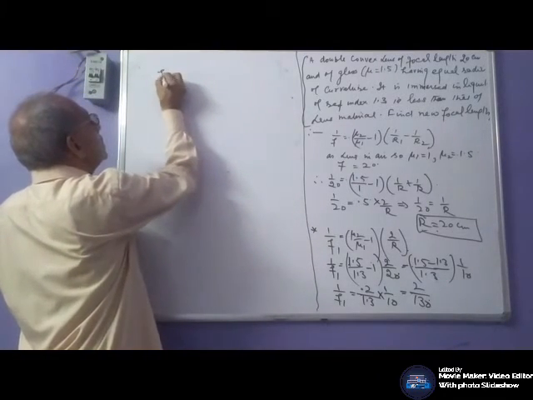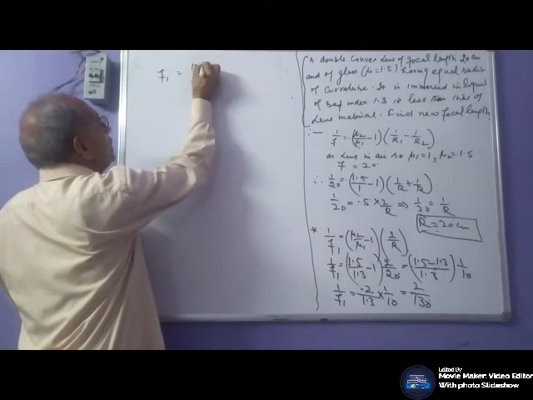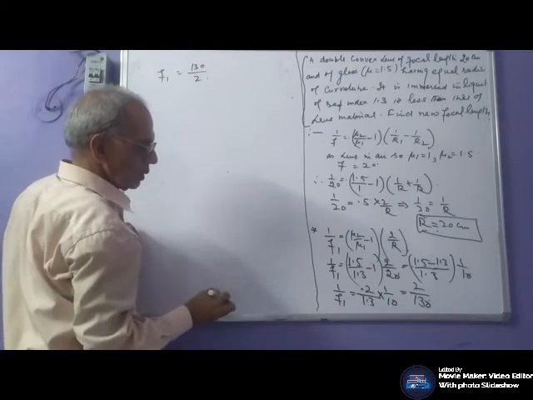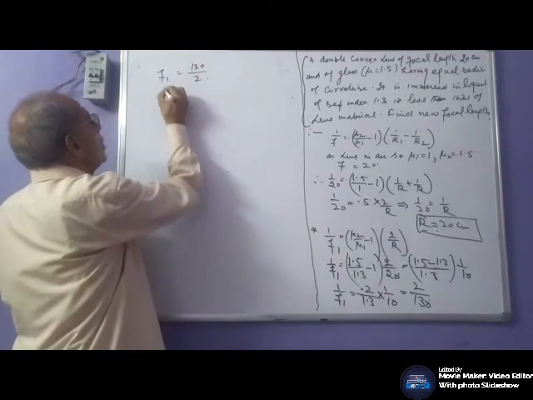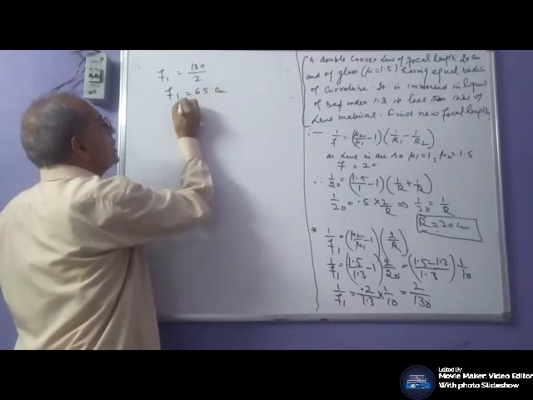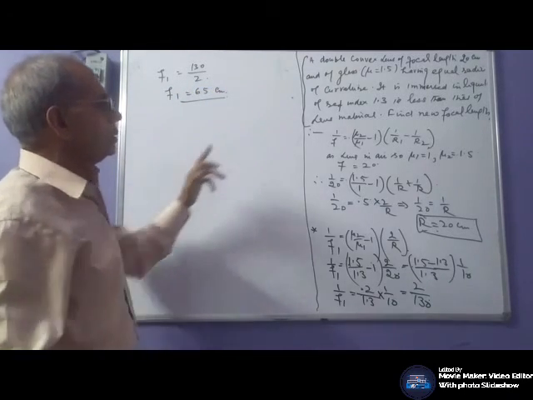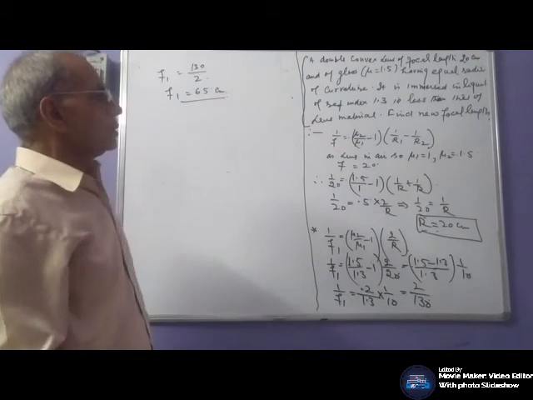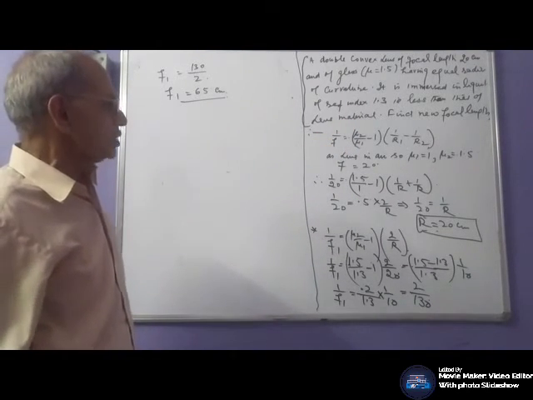So f1 is 130 by 2, or f1 is 65 centimeter. That is, new focal length increases.